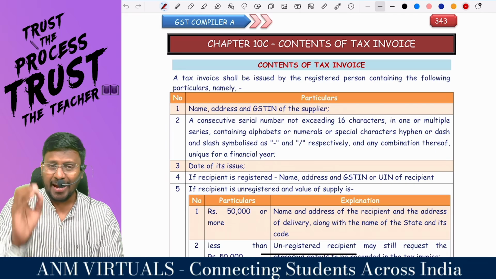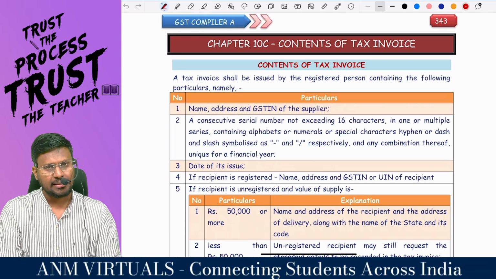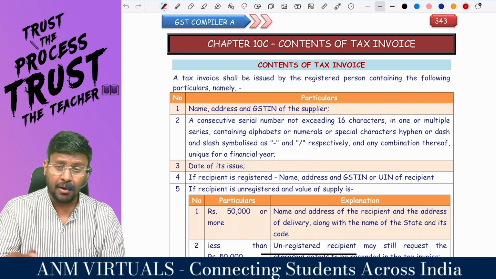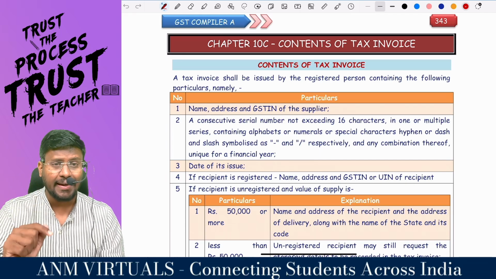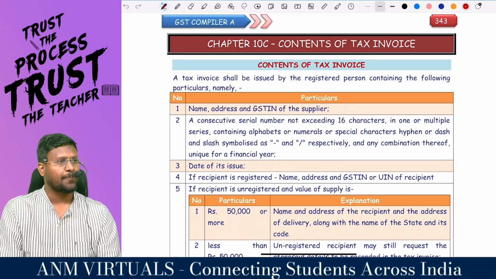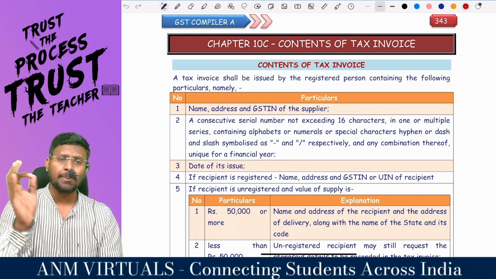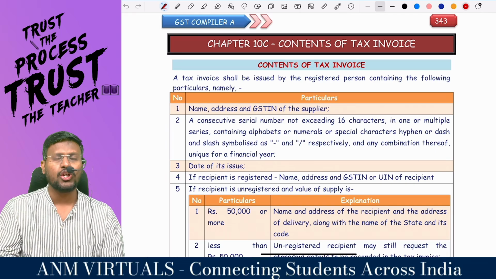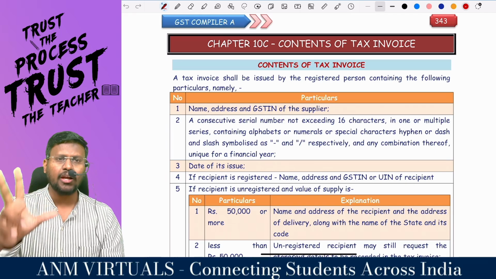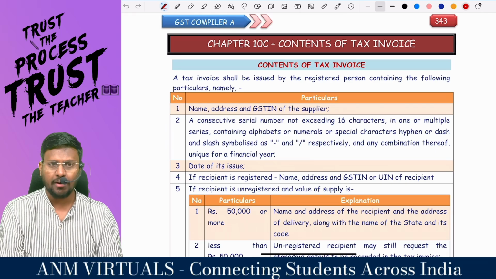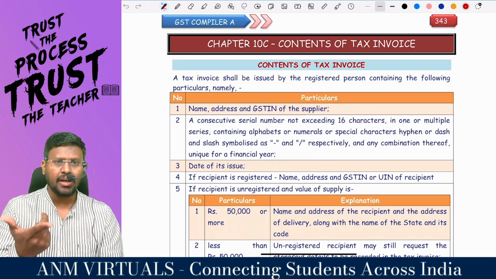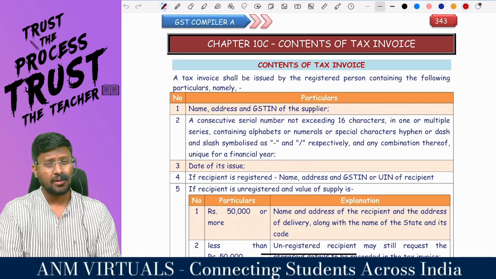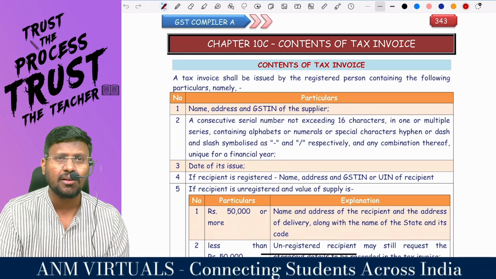If the supplier of 9(3) and 9(4) is an unregistered person, and the recipient is a registered person, that registered recipient is entitled to raise the tax invoice as per 31 subsection 3 clause F. And when you pay the consideration to the supplier of 9(3) and 9(4), my dear lovable students, then the person who is paying should raise the payment voucher as per 31 subsection 3 clause G.